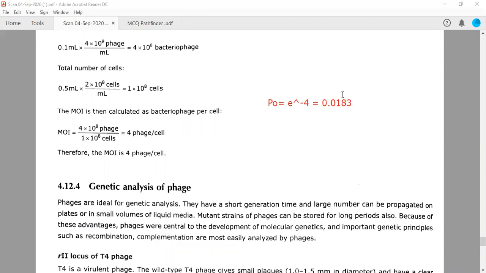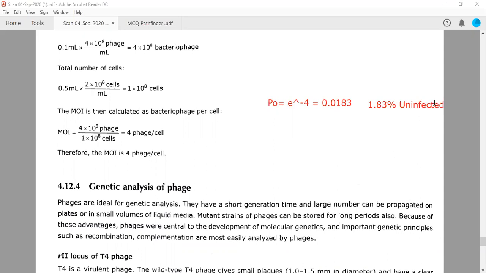This is the P naught number. Now you need to calculate the percentage out of it. The percentage will be 1.83. So this will be your percentage of cells that will remain uninfected.